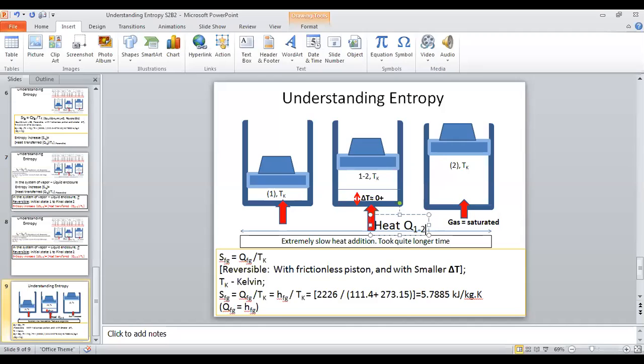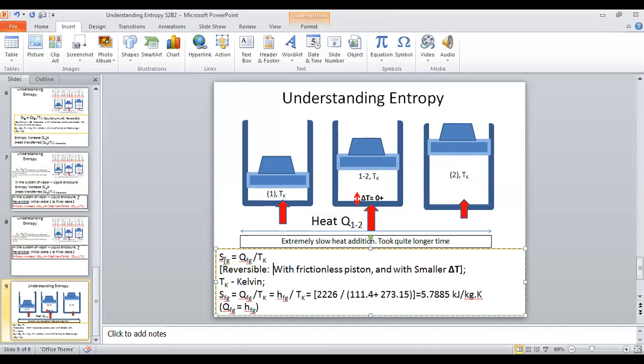Still applicable. Extremely slow heat addition, took quite a longer time for the state change from 1 to 2. Okay, state change from 1 to 2. Very interesting. Take this line out.